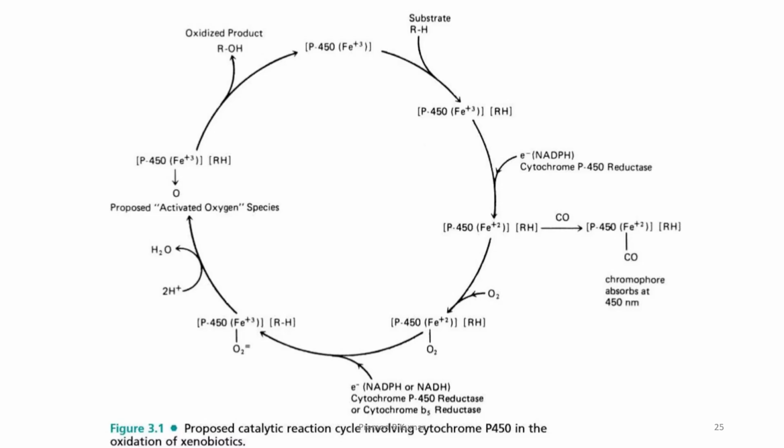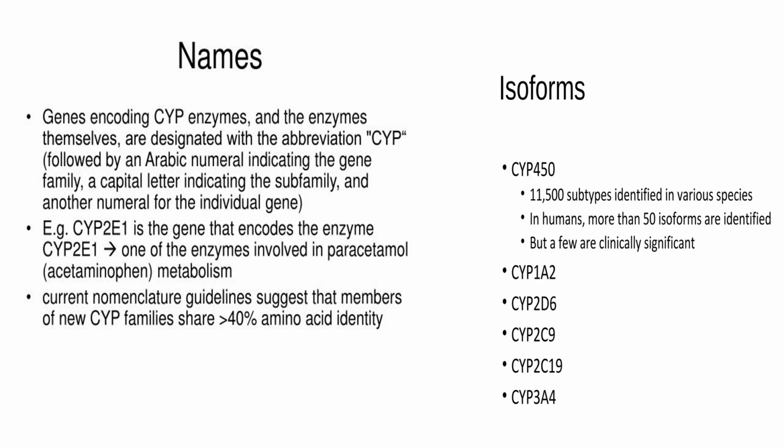So here the first oxygen is removed and reacts with two protons to form water. And this activated oxygen species now gets introduced into your substrate and gets removed, and you get back your Fe+3. This is how the cycle continues.